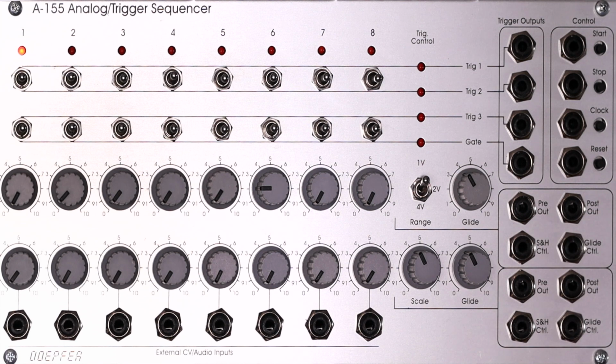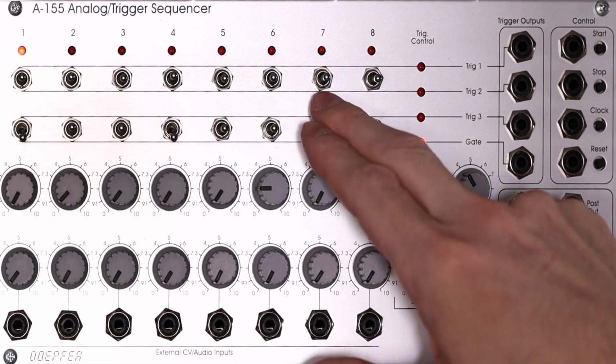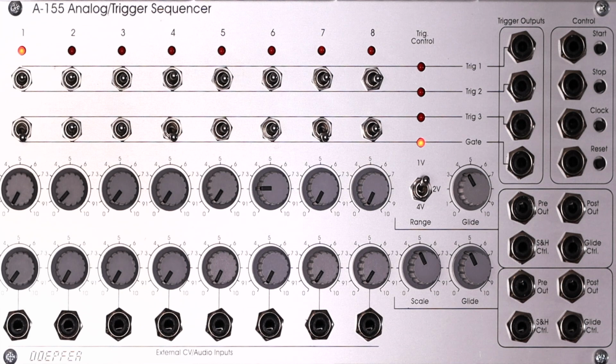Now sample and hold control with an analog sequencer. When you got a trigger here, you got a trigger here, and you got a trigger here, and you got a long release or some kind of release time.